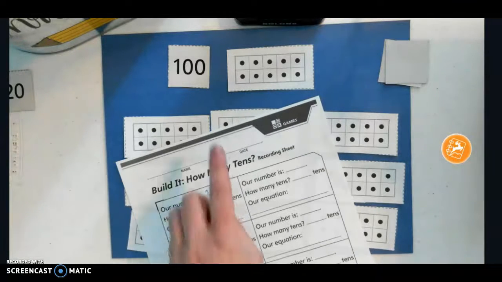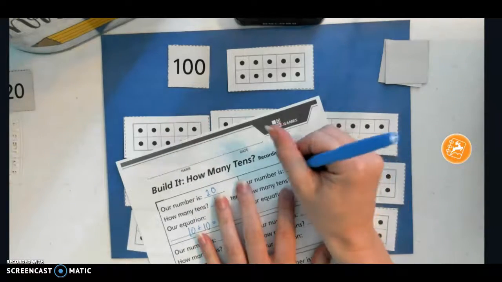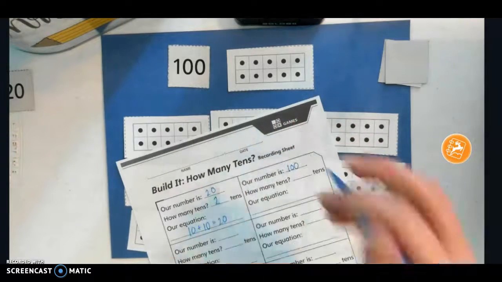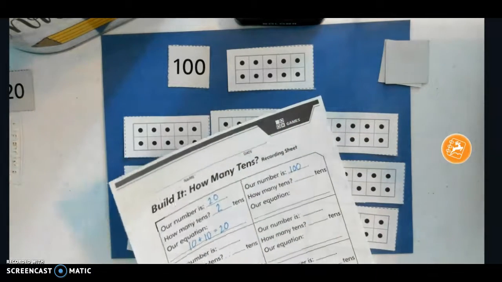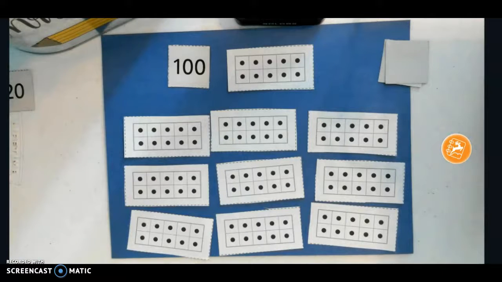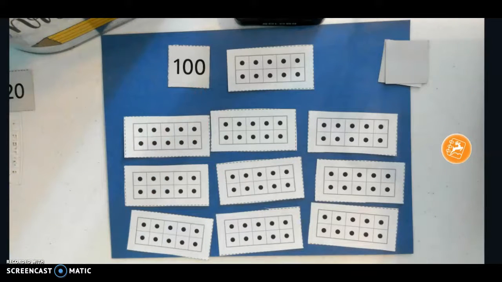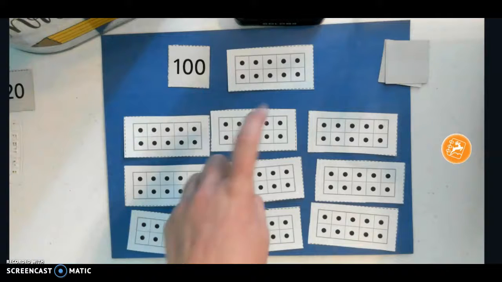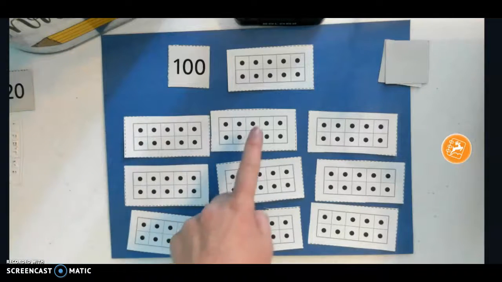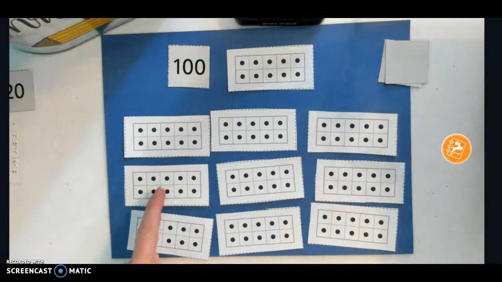Our number is 100. How many tens or how many full 10 frame cards did it take to build this number? 1, 2, 3, 4, 5, 6, 7, 8, 9, 10.